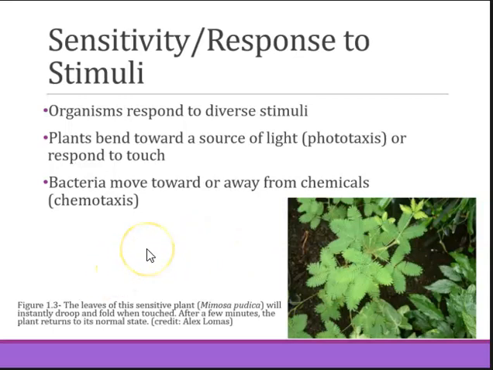The leaves of this plant will instantly droop and fold when you touch it, and after a few minutes, the plant will return to its normal state. Another example is bacteria. Bacteria can move toward or away from certain chemicals, and this is known as chemotaxis.